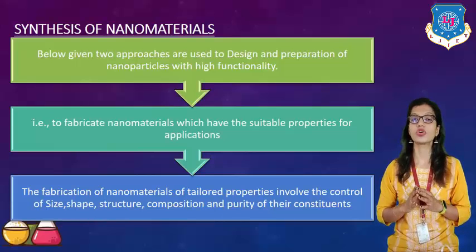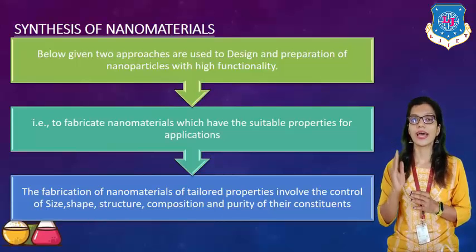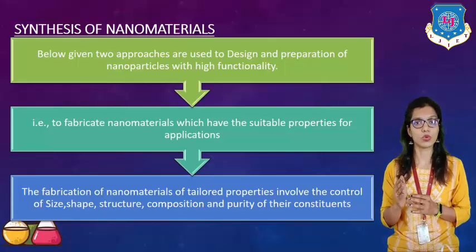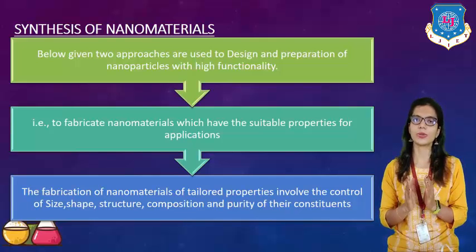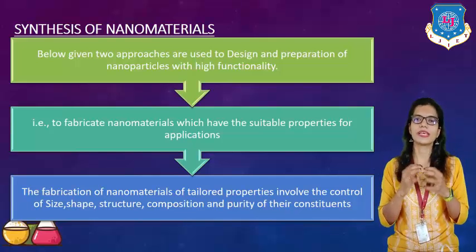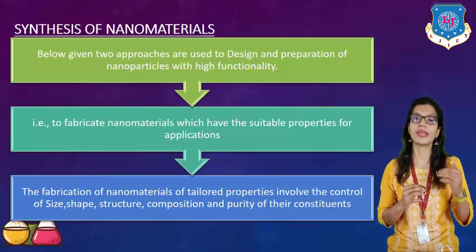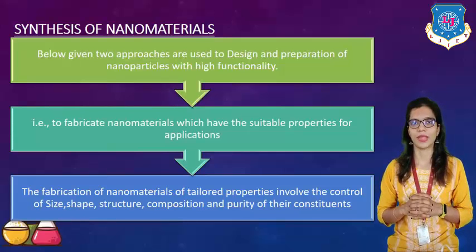So we have to look at quality as well as quantity. You have to make sure that the particular size, particular shape and particular kind of assembly is there in the nanomaterial which we are going to develop.